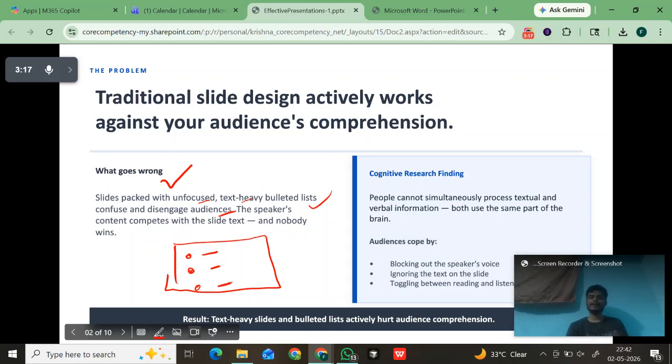This doesn't have much effectiveness. We think that we have chunked it into proper bullet points, but that is not how effective learning happens. So this is what goes wrong: we put text, even bullet point text, without any supporting image, right?